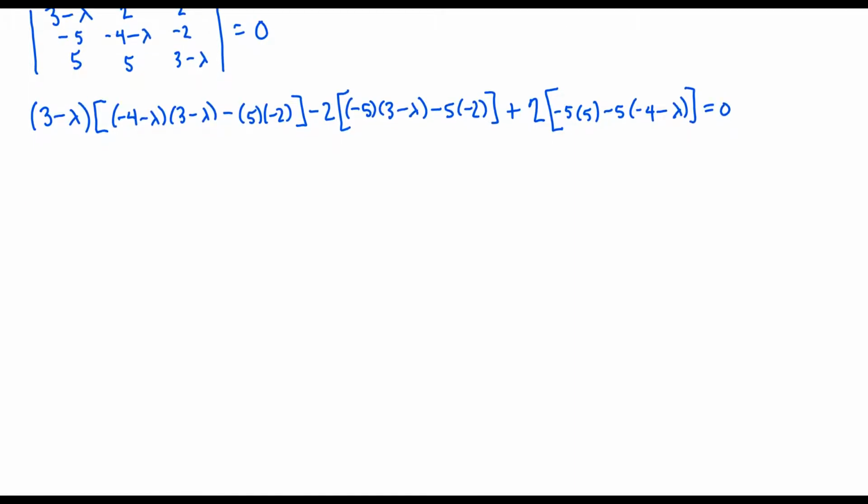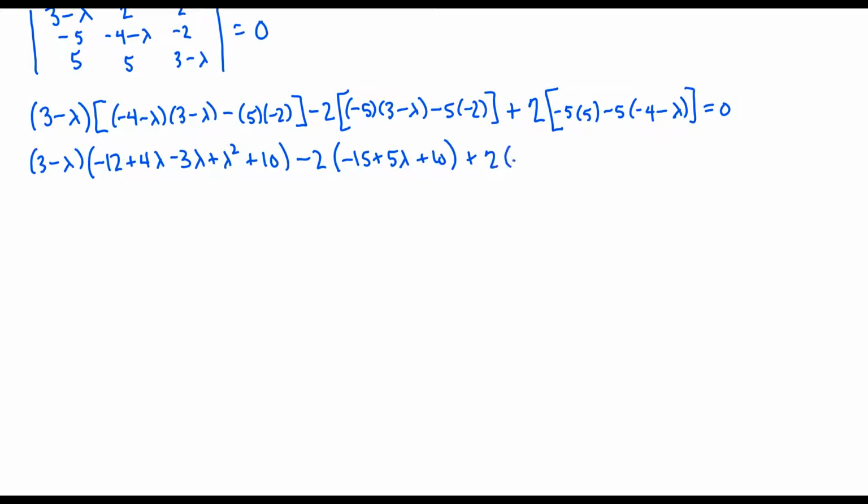So I'm going to start by simplifying the bracketed elements first. I'm going to FOIL here. Demoting the brackets to parentheses. We're going to go back and combine like terms within parentheses, and I'm going to rearrange everything in descending order.